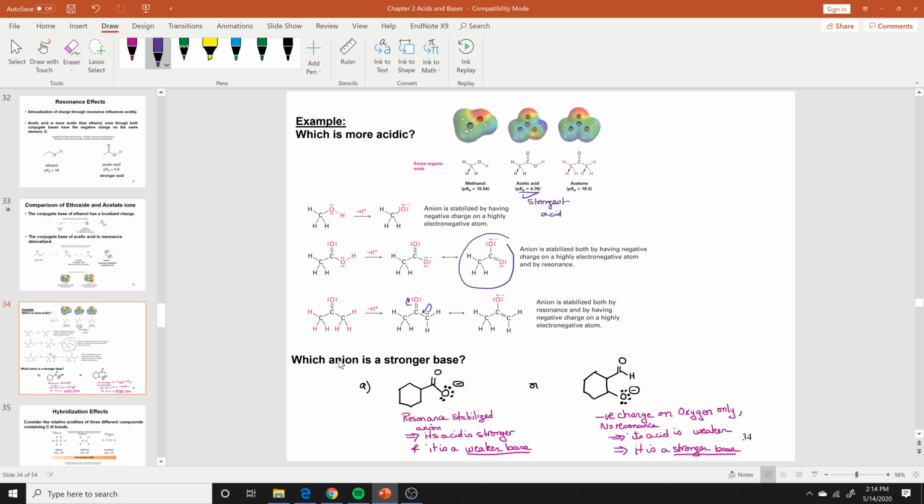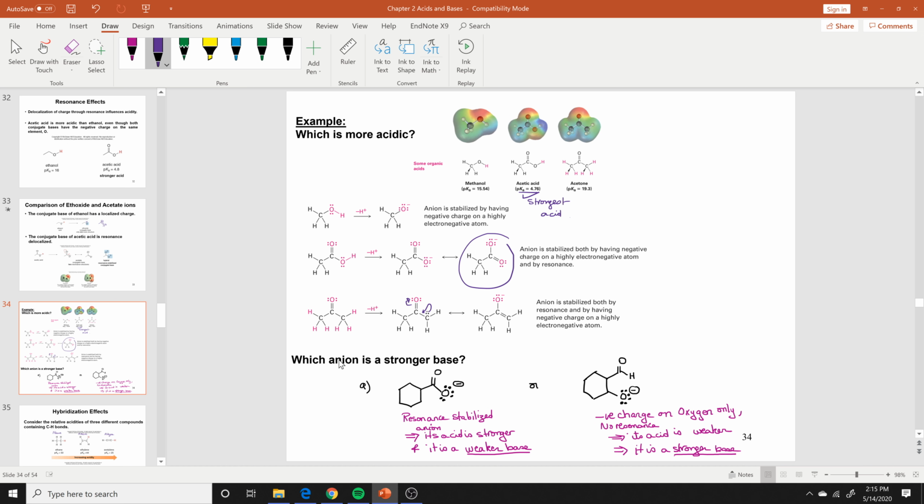Okay. Now, with respect to these two over here, the difference is this oxygen has a negative charge. This negative charge is on an oxygen, and here, although I have a resonance structure there, and the charge is distributed, one of the resonance structures has carbon to be negative. This is not stable. This guy over here is not stable.